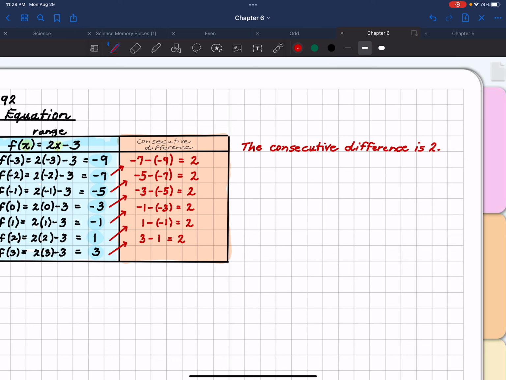We can also say that the consecutive difference is common, meaning it's the same all the way through the table. And if we kept finding more and more points, it would be common. As long as the points are on the line of this equation, it would be common throughout the table.